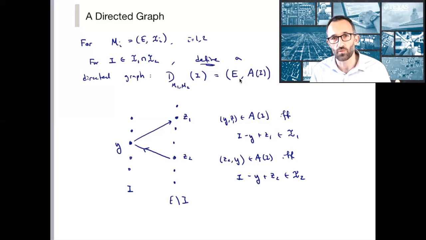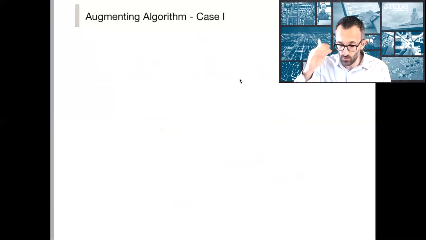That's what we had just for the previous case. An edge means I'm taking away whatever node is the left endpoint and adding whatever node is the right endpoint. And the directionality is just a convention that we'll see will be useful in a moment. But that's telling me, am I independent with respect to Matroid 1 or Matroid 2. We're going to use this graph now to come up with an augmenting algorithm.